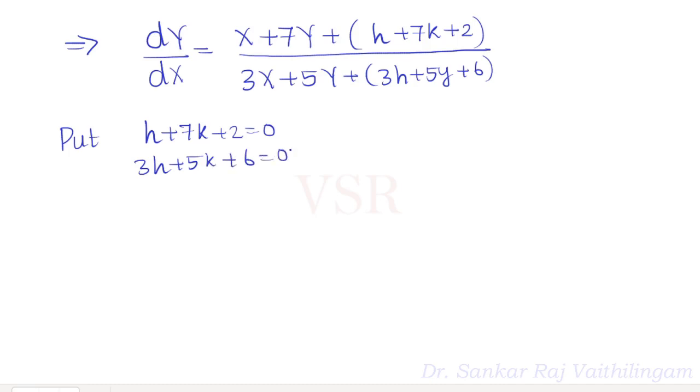So now we have a system of linear equations. To solve it: the first equation is h plus 7k equal to minus 2, and the second is 3h plus 5k equal to minus 6.